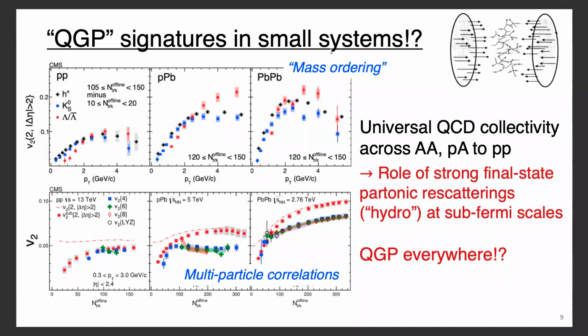So the difference here is related to the fact that v2 is fluctuating event by event. There's an event-by-event fluctuation, which leads to a difference between the value you extract from two-particle correlation versus multi-particle correlations. So the red points are selected events where you only have two energetic particles?